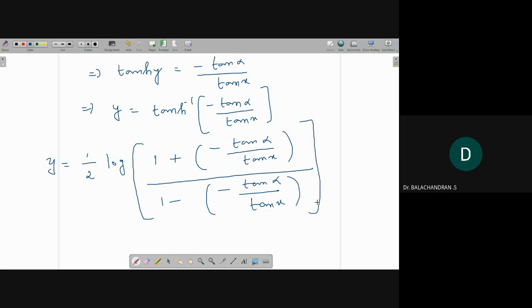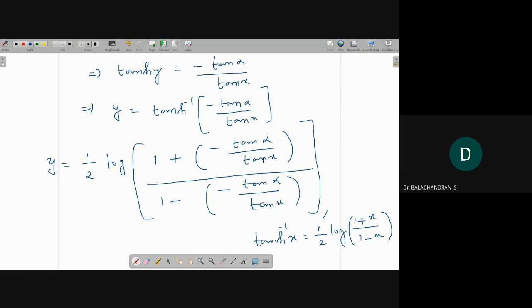Here I am using the formula tanh inverse of x is equal to half log of 1 plus x divided by 1 minus x. In the next step, I am going to take tan x as LCM in the numerator. Similarly, in the denominator I will take tan x as LCM.